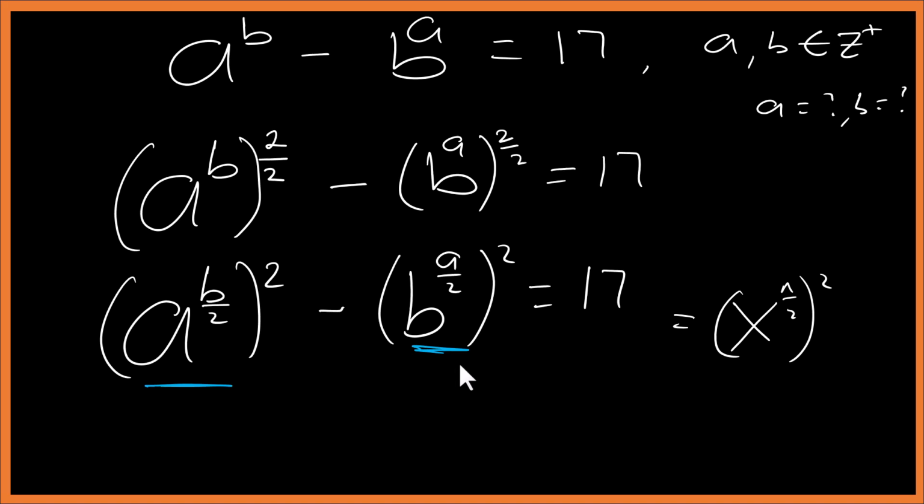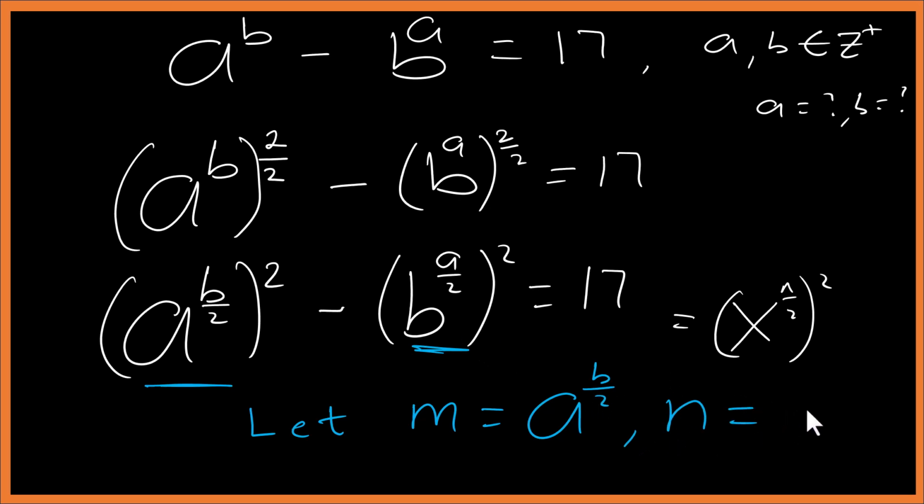Now what we are going to do here is to let variables represent what is in the bracket, so that we perform the difference of two squares. So let m be a raised to b on 2, then n will be b raised to a on 2.